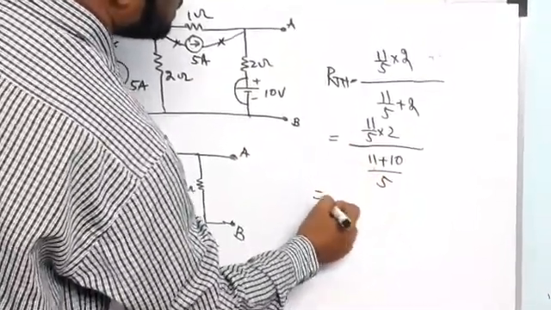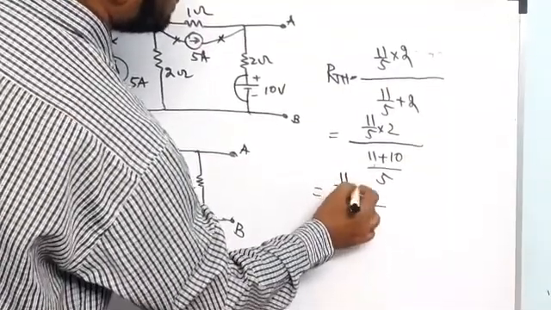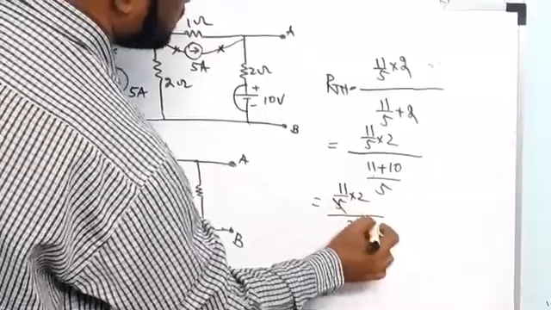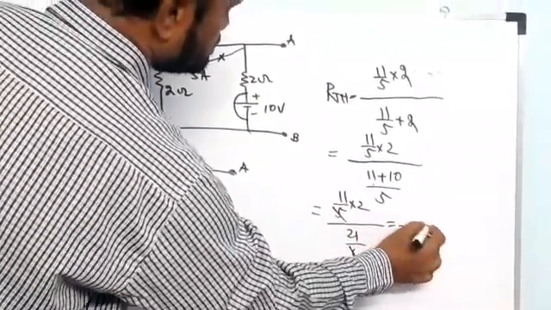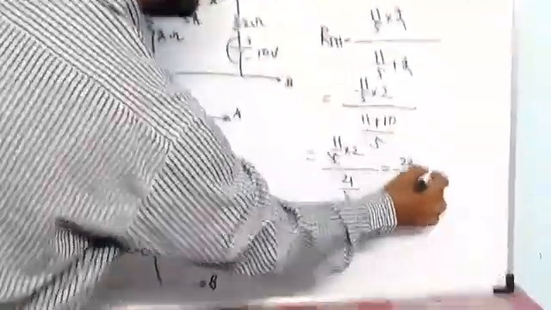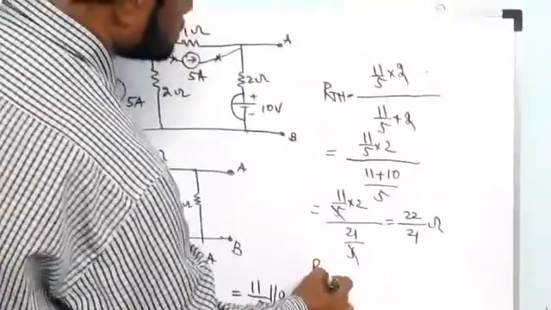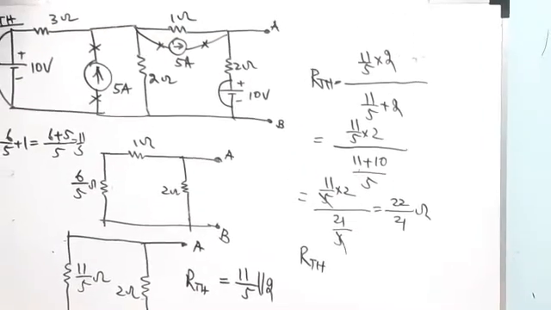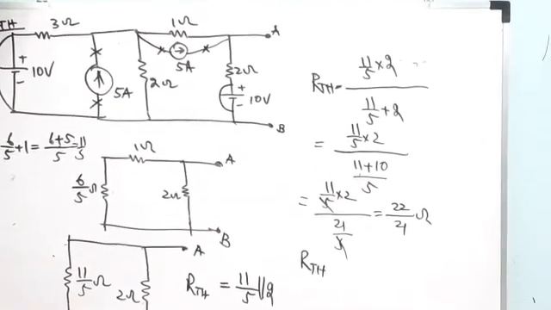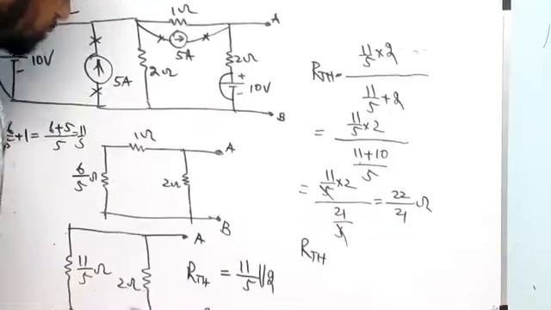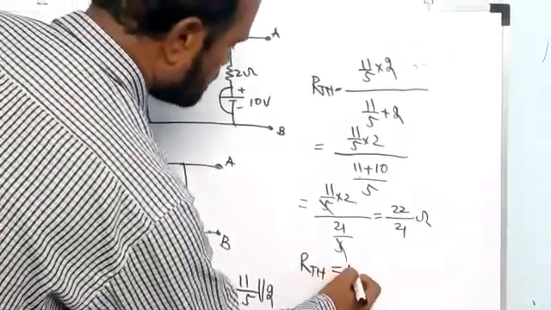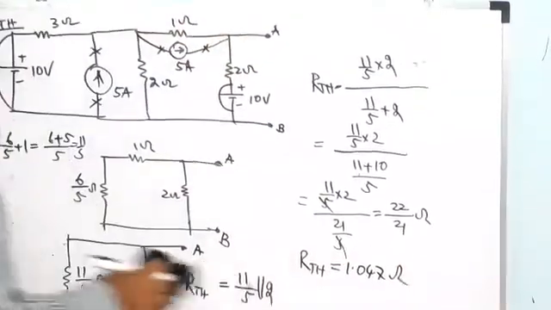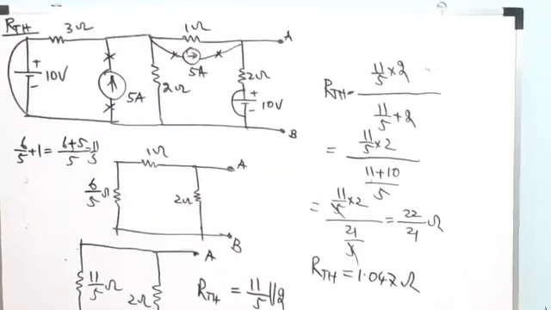So again 11 by 5 into 2 by 21 by 5. 5 cancels, so this is 22 by 21 ohm. So RTH is equal to 22 by 21, which means 1.047 ohm. We already got the VTH.